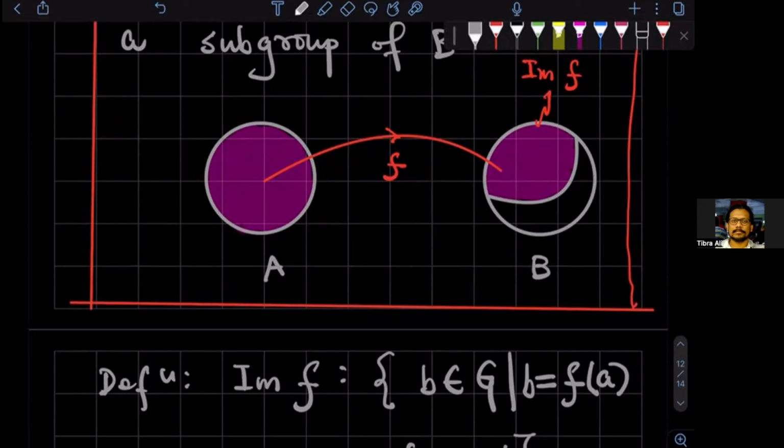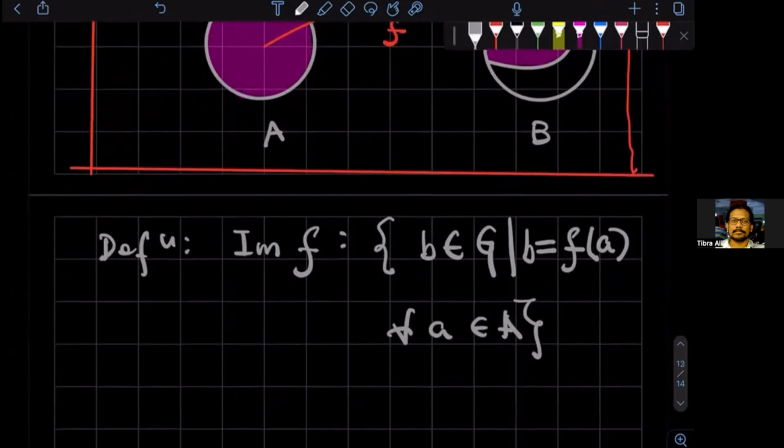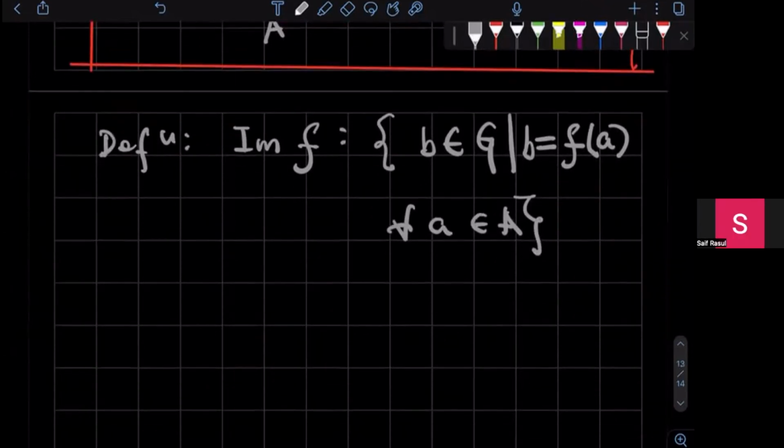In those groups, you will also have conjugacy classes, and they will have some other notion of equivalence that you will have to figure out in that context, okay? All right, is that okay? Yeah, makes sense.